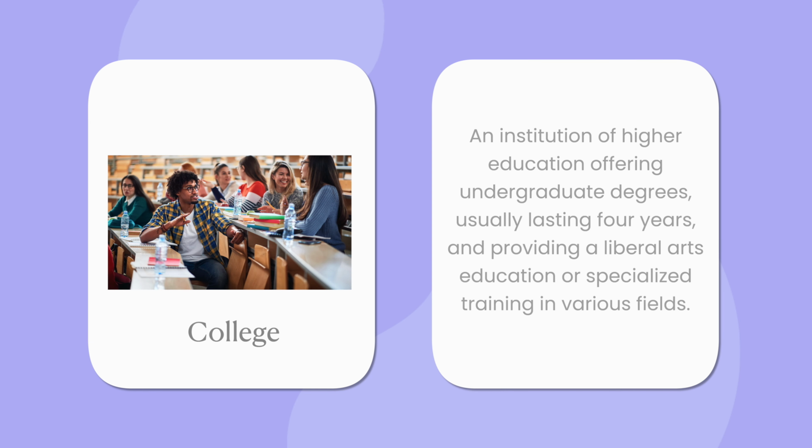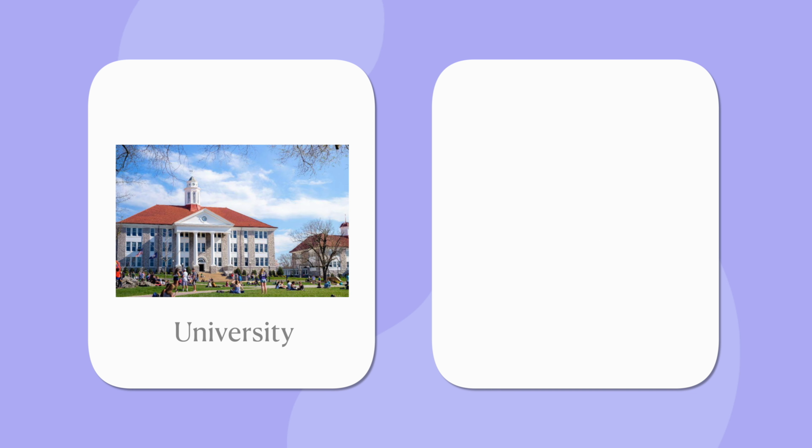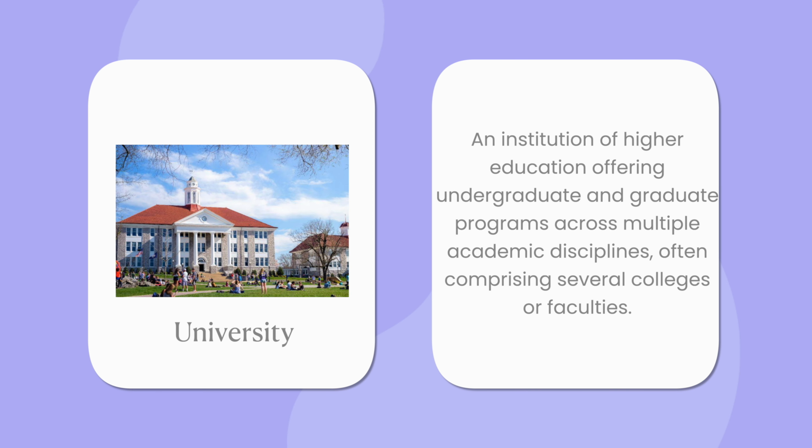College. An institution of higher education offering undergraduate degrees, usually lasting 4 years and providing a liberal arts education or specialized training in various fields. University. An institution of higher education offering undergraduate and graduate programs across multiple academic disciplines, often comprising several colleges or faculties.